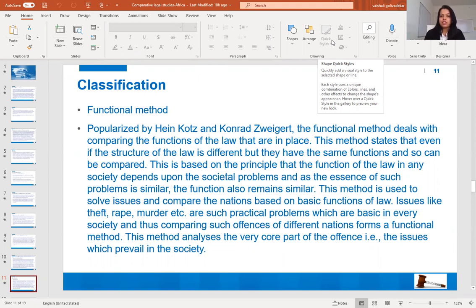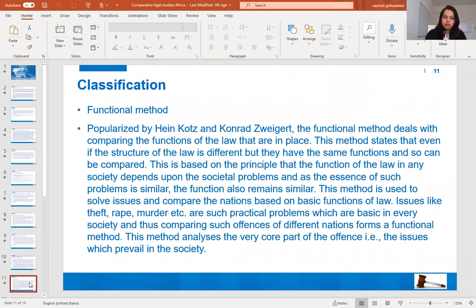This is based on the principle that the function of the law in any society depends upon the societal problems, and as the essence of such problems is similar, problems in all the societies are pretty much the same. And that's why the function of law is also the same. So it compares laws on the basis of their function. I'm going to the next slide.